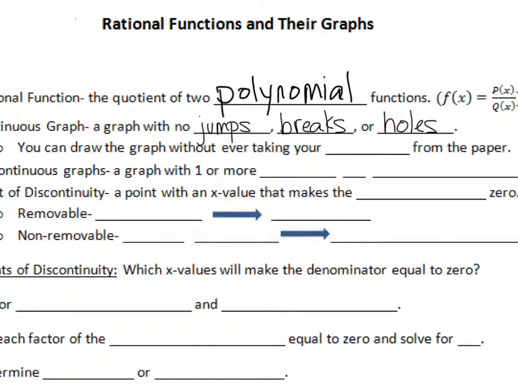So that means if you are drawing it, you can draw the graph without ever taking your pencil from the paper. That's pretty much every graph you've drawn at this point, to be honest.